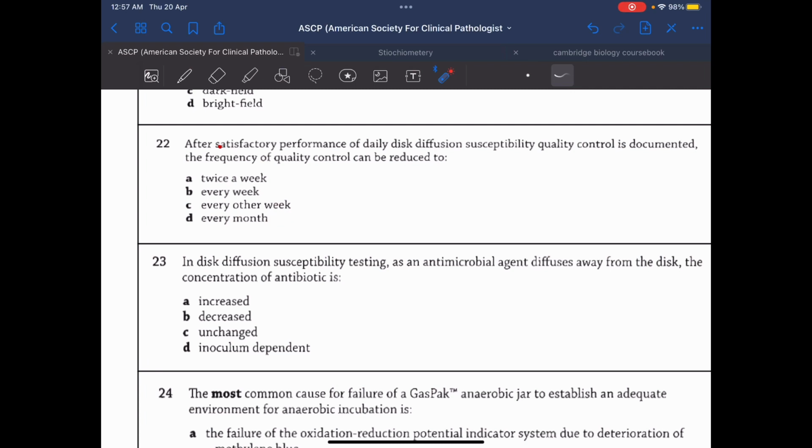Disk diffusion quality control can be converted to weekly testing when 30 days of consecutive testing demonstrates no more than 3 antibiotic-organism combinations outside the acceptable limits. So the correct answer is B.